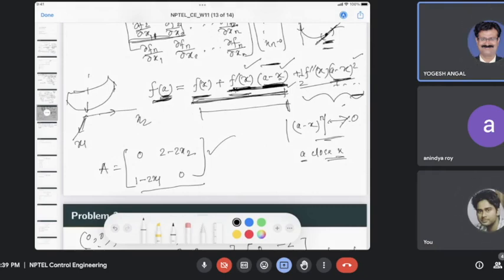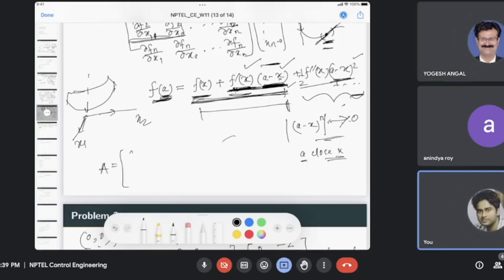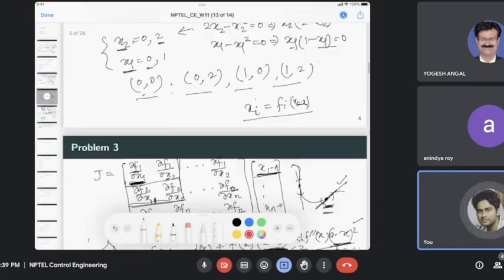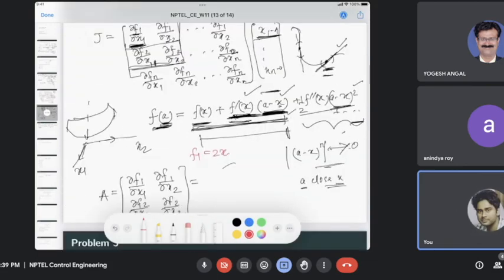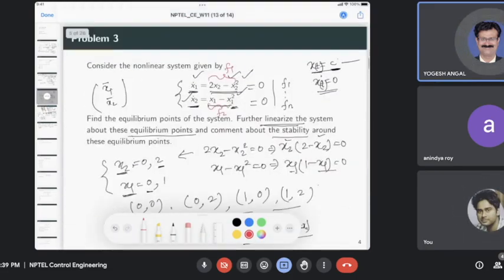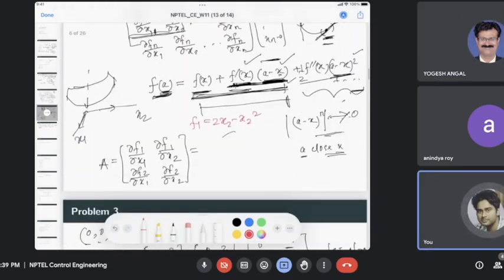Okay, I'll write it in detail. The A matrix is [∂f1/∂x1, ∂f1/∂x2; ∂f2/∂x1, ∂f2/∂x2]. We have f1 equal to 2x2 minus x2 square, and f2 equal to x1 minus x1 square.